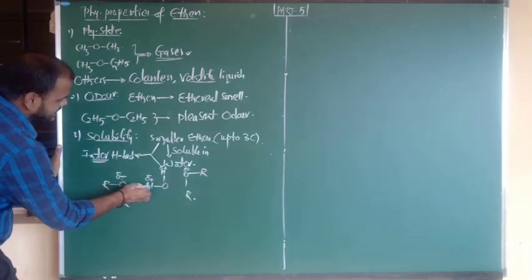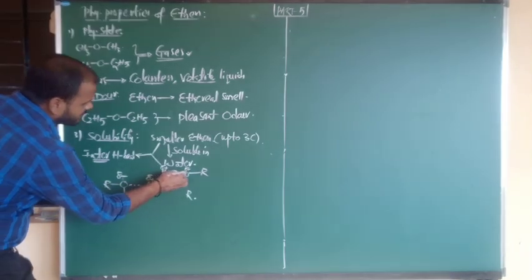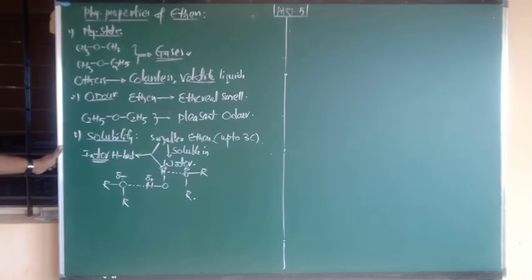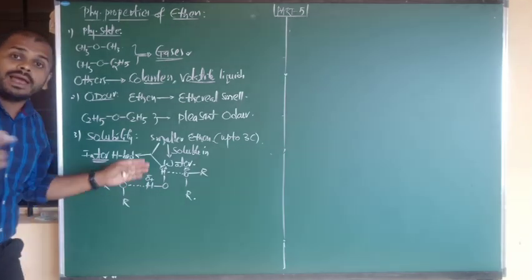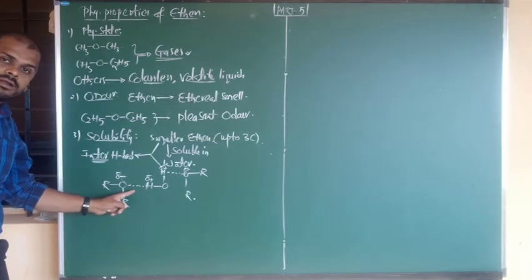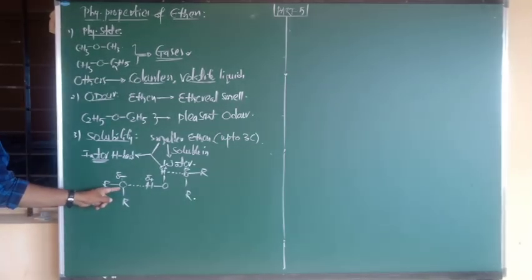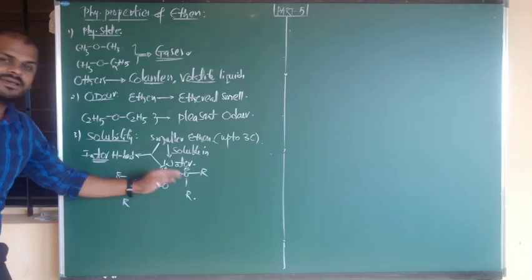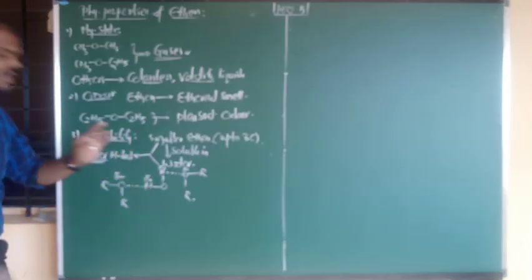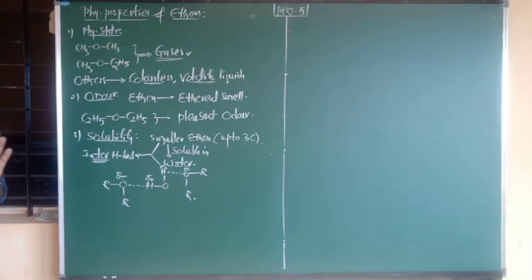We can see the hydrogen bond, denoted by a dotted line. So due to hydrogen bonding between water and ethereal oxygen, smaller ethers easily mix with water. Clear?